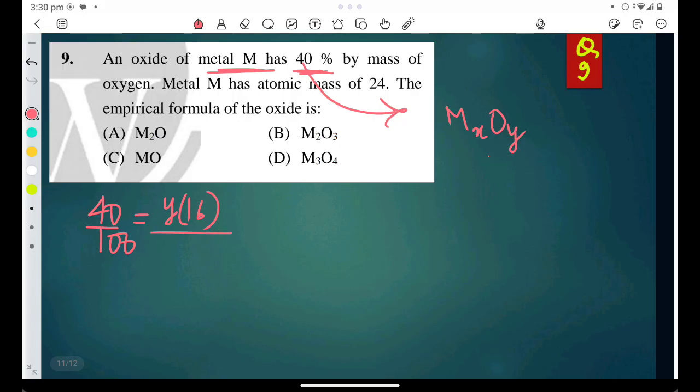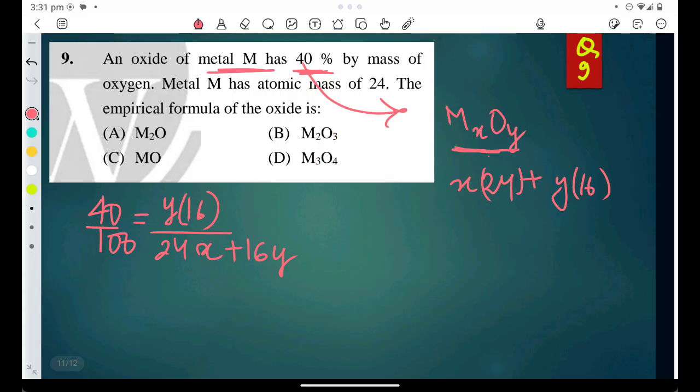Now what is the total mass of the entire molecule? x times the mass of 24 plus y times the mass of oxygen, that is 16. So 24x plus 16y.